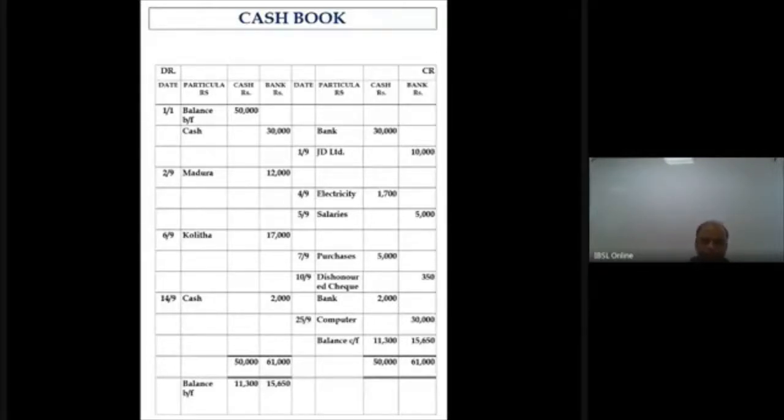And now in your trial balance, the two balances that are appearing below the totals, 11,300 and 15,650, will be your cash book balance and the bank account balance. This is the balance that you will take as the cash balance, and this is the balance that you will take as the bank account balance. Any questions?